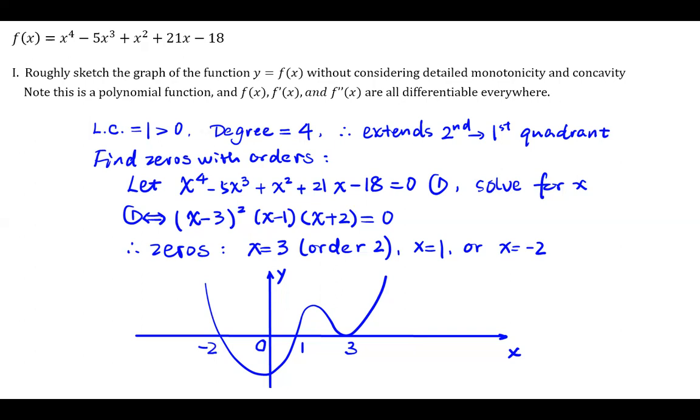Then we can label all of the zeros in between, right? At x equals 3, the function will not change sign because it has an even order. At x equals 1 or x equals negative 2, this function will cross that point because both of them have an odd order.